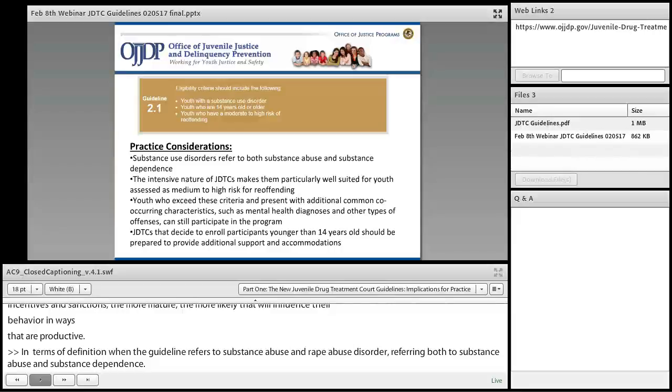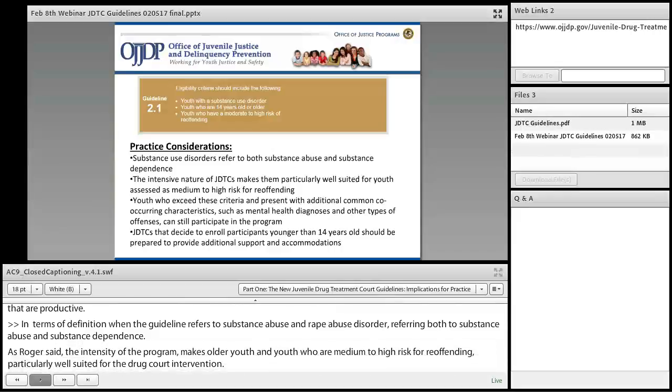In the courts that we visited and the courts that we spoke with on the phone, we actually heard more times than I'd like to count that lower level offenders were being served by the program because the program had a responsibility to keep the numbers up in terms of keeping its funding.